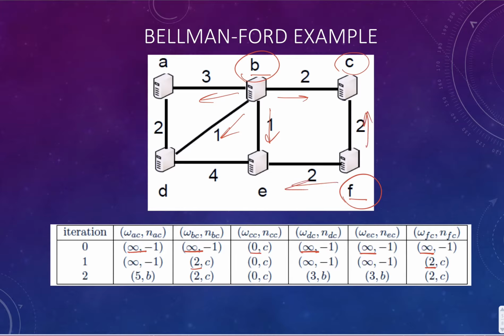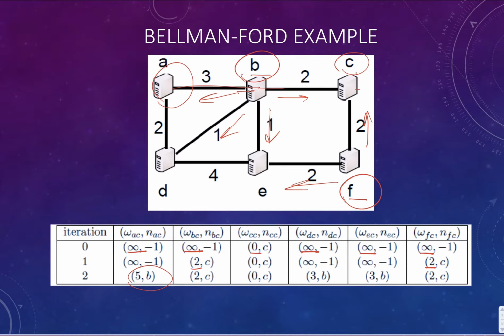Okay, and then after one iteration, since B and F will broadcast these costs to all of their neighbors, node A will be able to update its distance to C as CAB plus WBC, which will be 3 plus 2, 5.